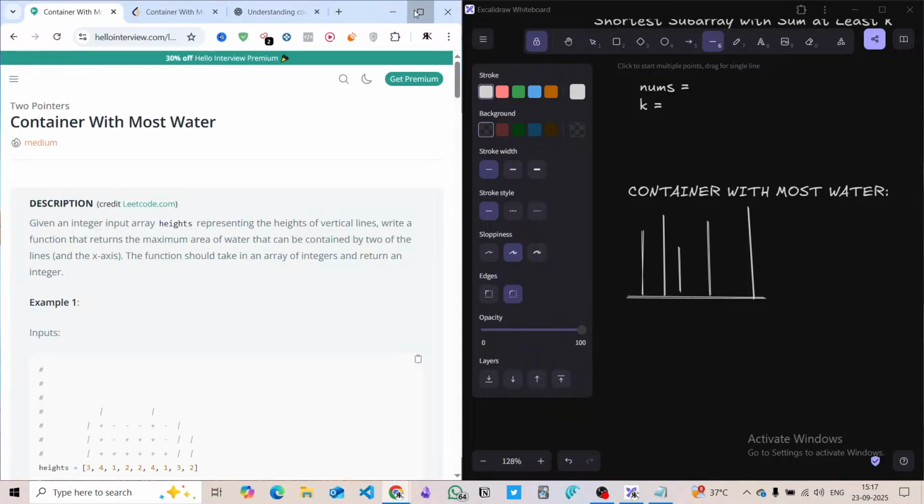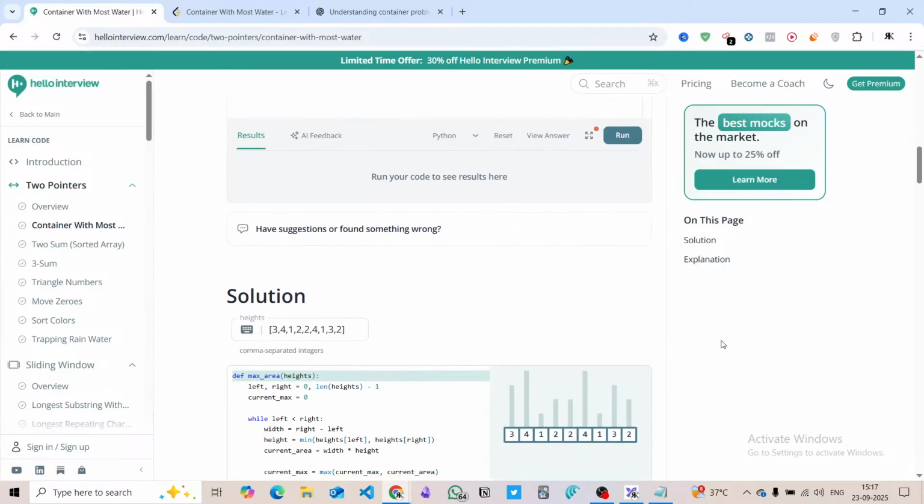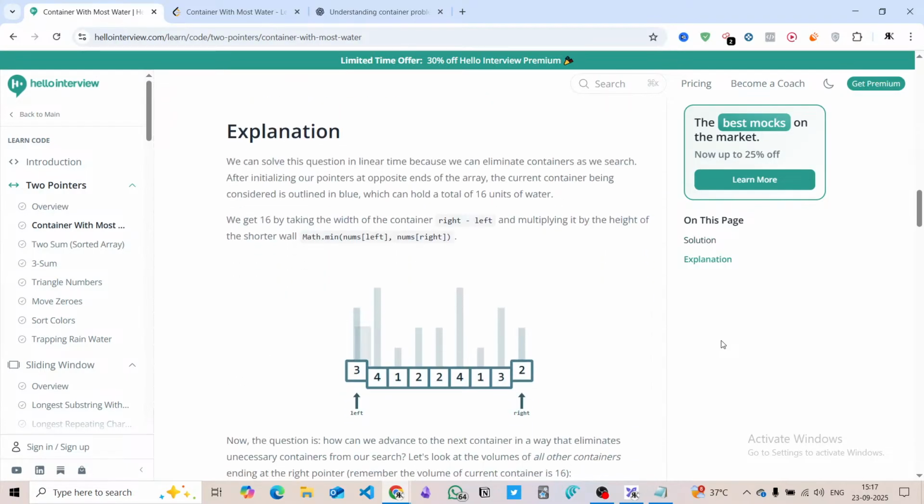We just try to see how we approach this problem. We can solve this question in linear time because we can eliminate containers as we search. After initializing our pointers at the opposite ends of the array, the current container being considered is outlined in blue, which can hold a total of 16 units of water, multiplying the width by the height of the shorter wall.